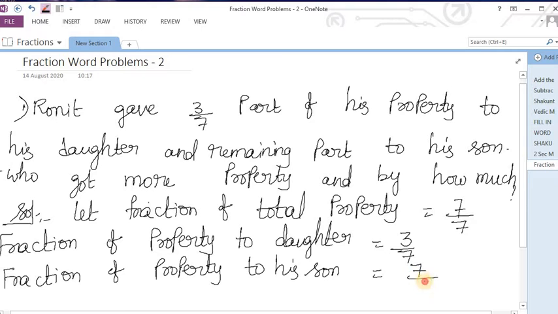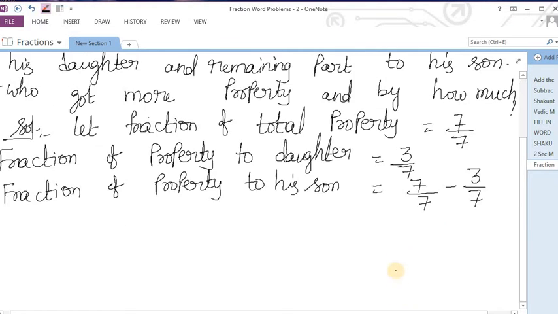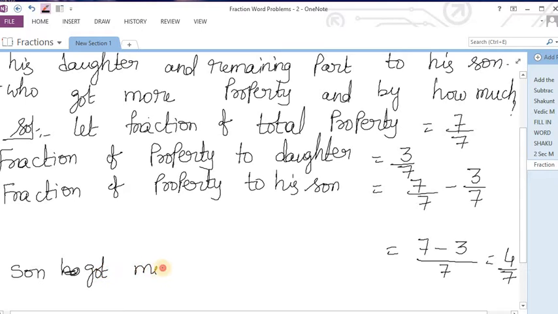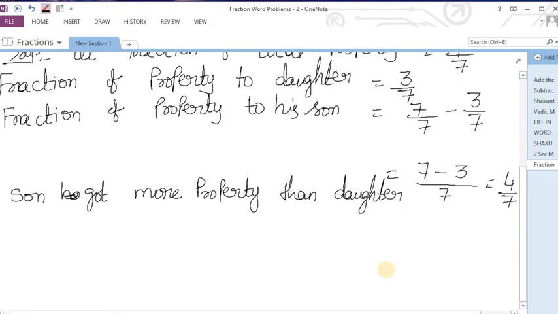And to his son will be 7/7 minus 3/7. As we all know, if the denominators are the same, then we can simply subtract the numerators, and my numerators are 7 and 3, and this is 4/7. So who got more property? Son got more property than daughter, and he is asking how much more.